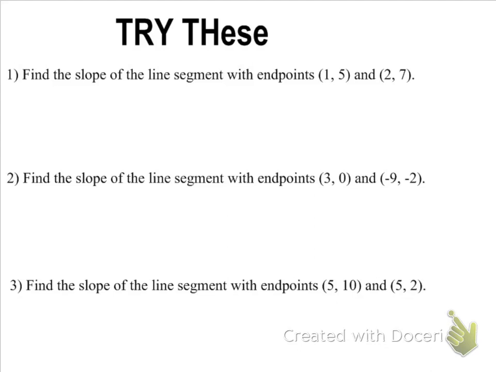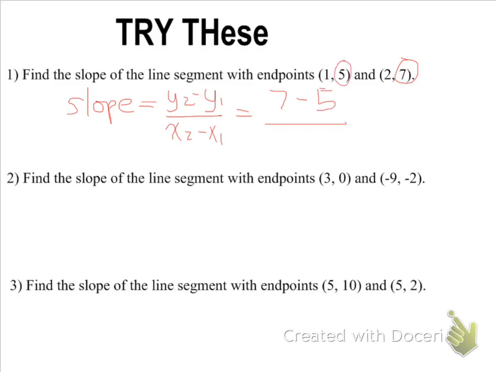So here we have the endpoints, we don't have the picture. It's just a matter of subtracting carefully. So the slope here, slope is equal to y2, the second y point, minus y1, divided by x2 minus x1. Okay, so this is our second y value. We'll start with that. 7 minus 5, okay, divided by, look at the x values, 2 minus 1.